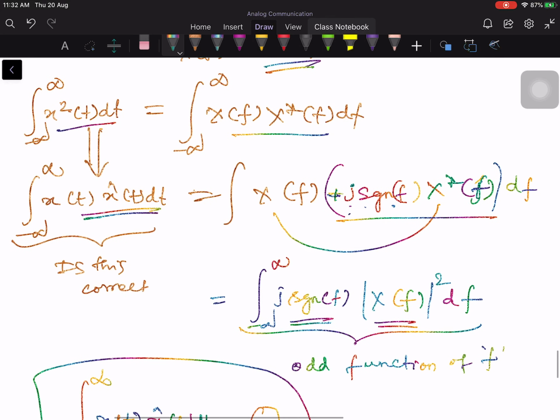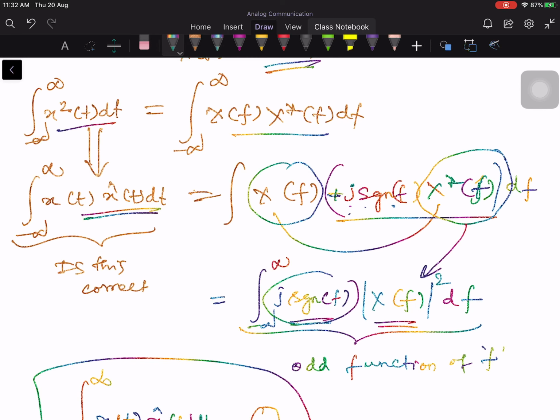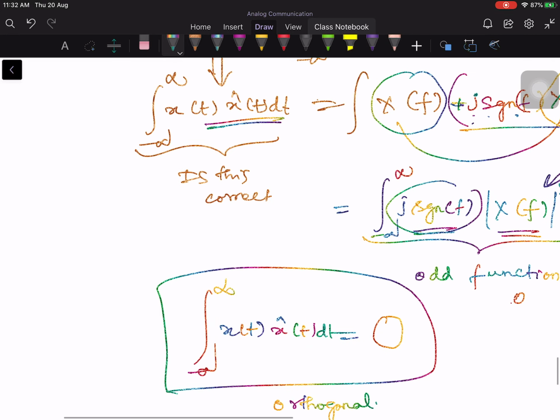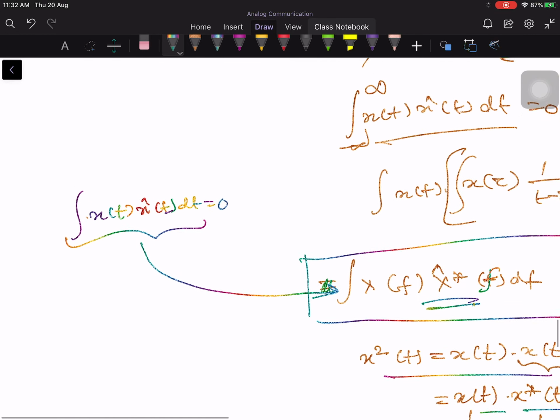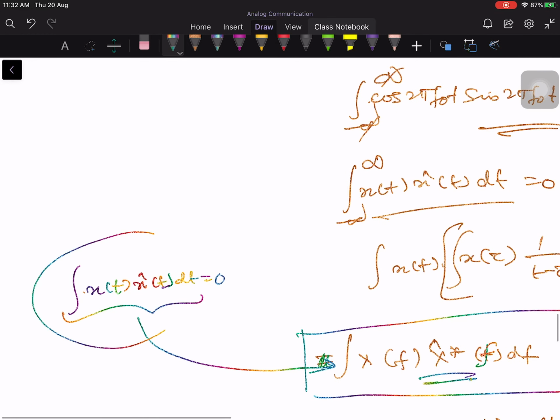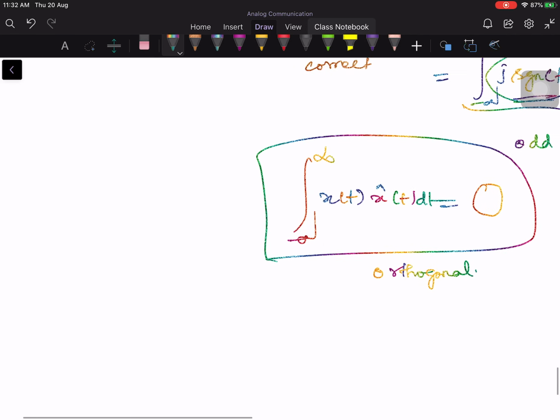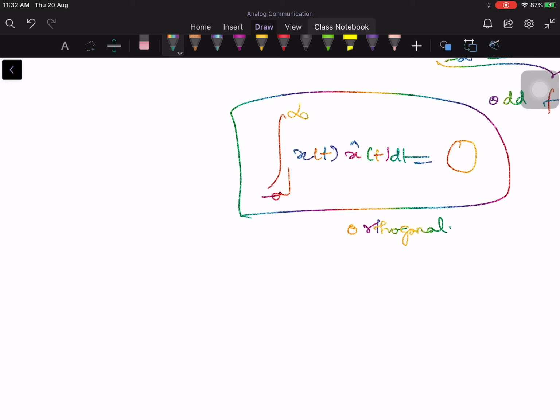Therefore this j times signum of f is there, and this x of f and this x conjugate of f becomes modulus squared of x of f. And since it is an odd function, this integration leads to 0. In the left hand side you have of course this one. Therefore the signal x of t and its Hilbert transform are orthogonal to each other.